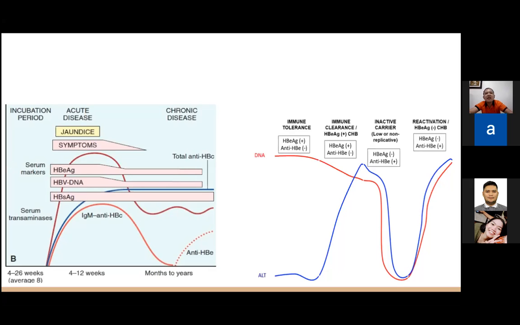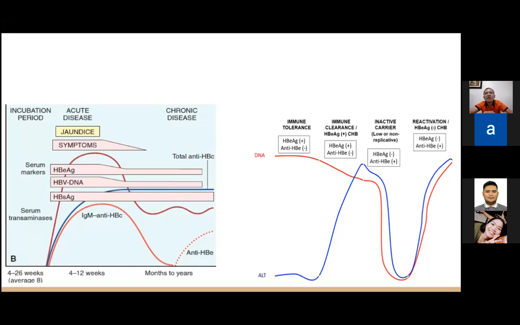It's not like the antibody towards Hep C, where the presence of the antibody does not tell us that the patient is immune. But for Hep B, for example, if the patient already has anti-HBs, that means the patient is already negative for HBsAg, for your antigen.